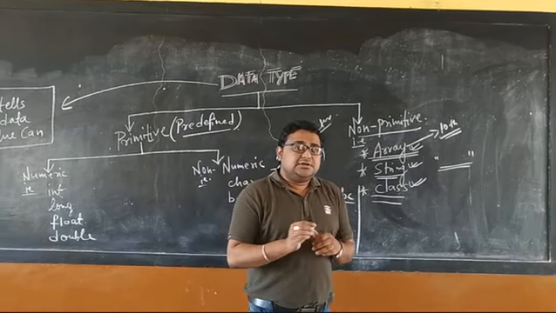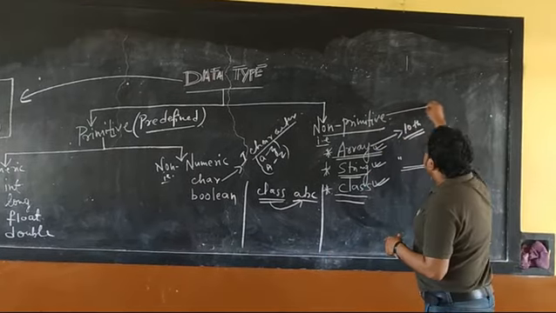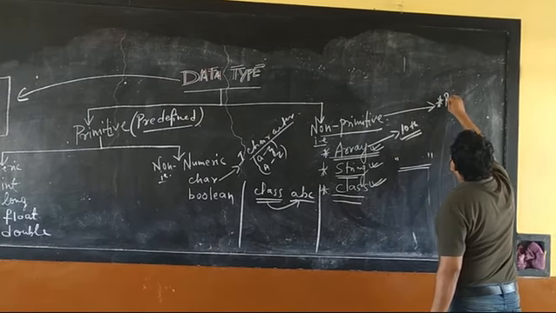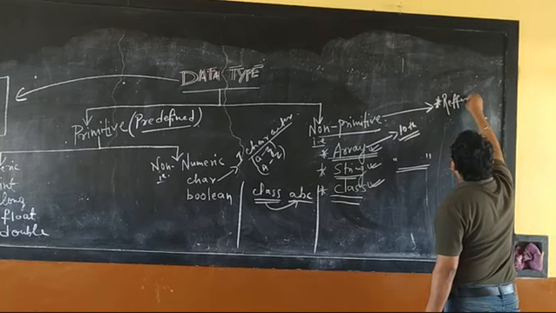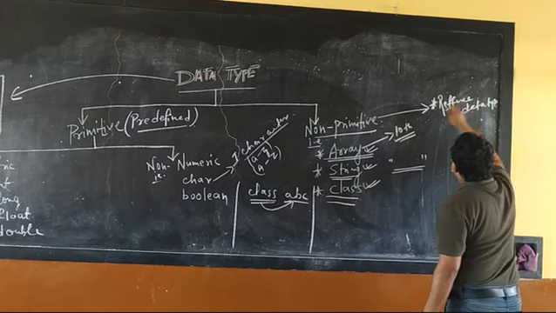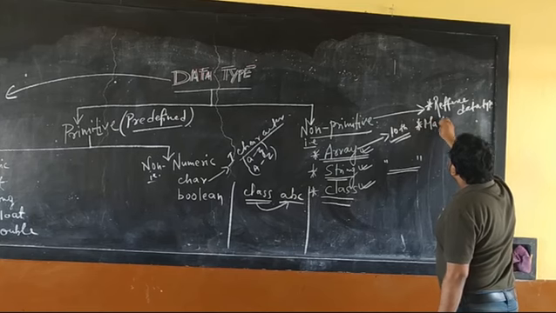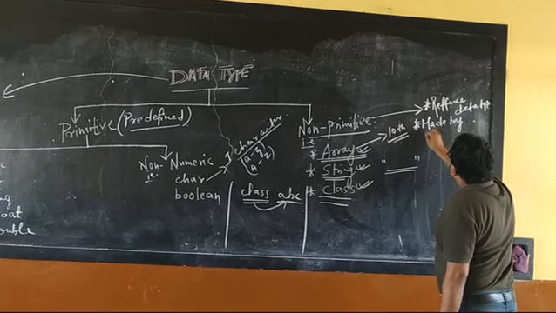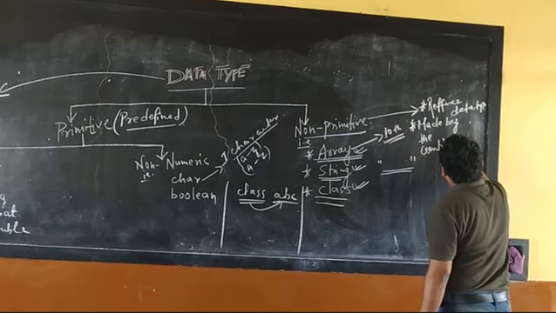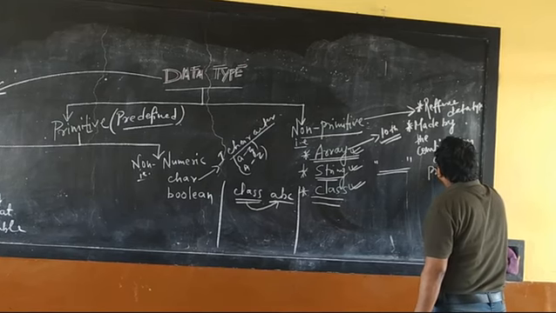Let's discuss the meaning of non-primitive. The meaning of non-primitive is what? First, it is also called a reference data type. Second definition, it is made by the combination of primitive data types.